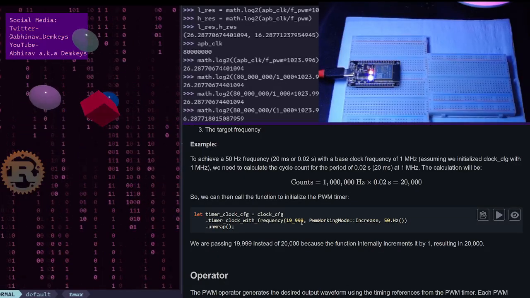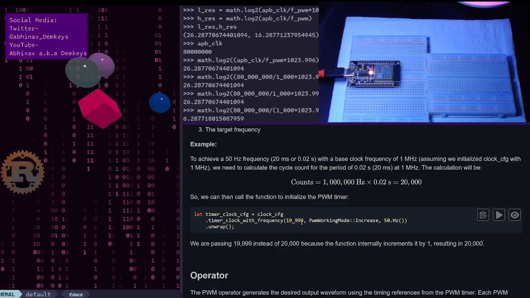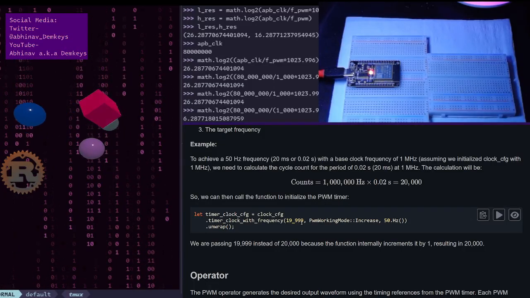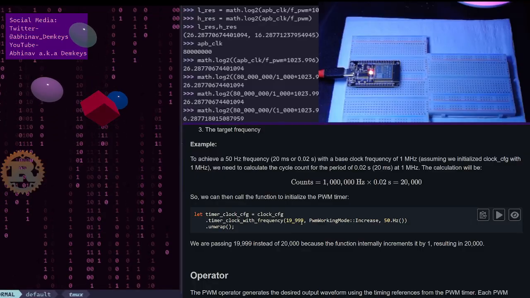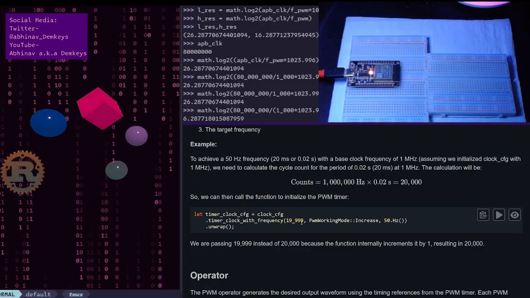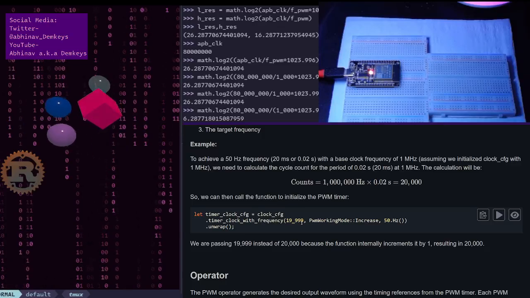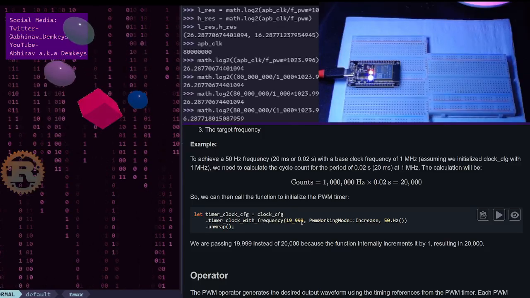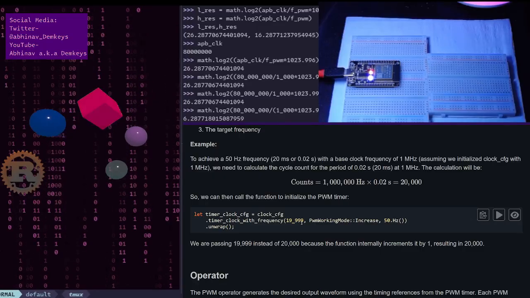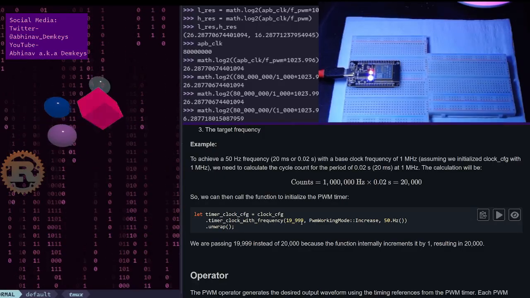Okay. Example, to achieve a 50 Hz frequency with a base clock frequency of 1 megahertz, we need to calculate the cycle count for the period of 0.02 seconds or 20 milliseconds at 1 megahertz. The calculation will be so and so.